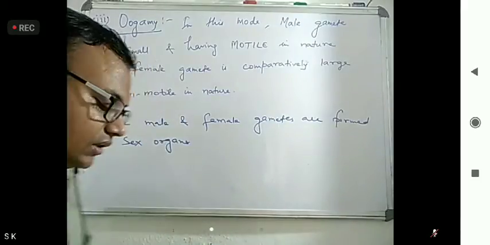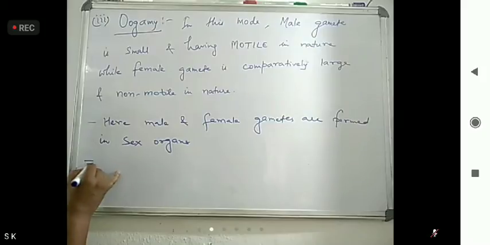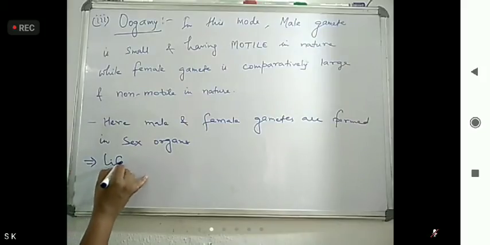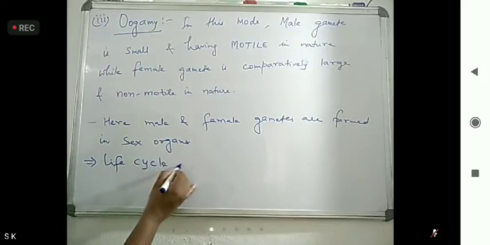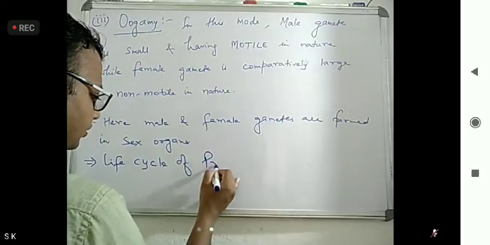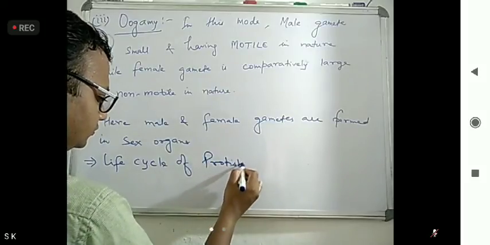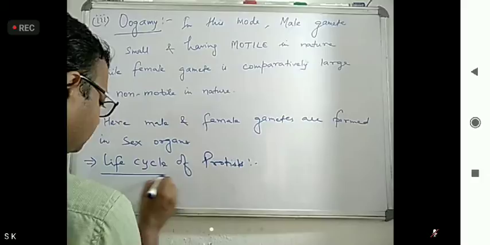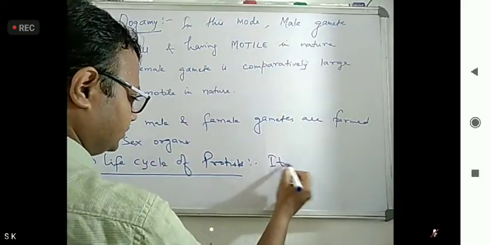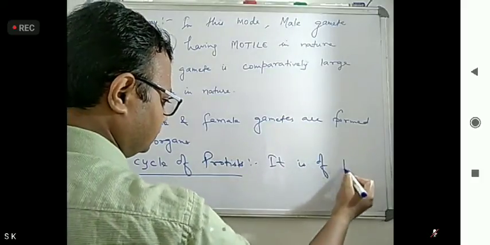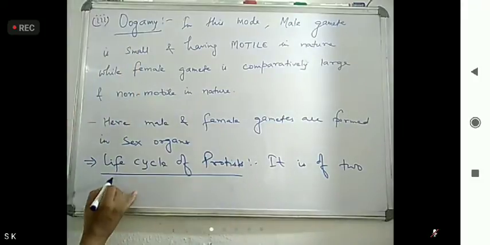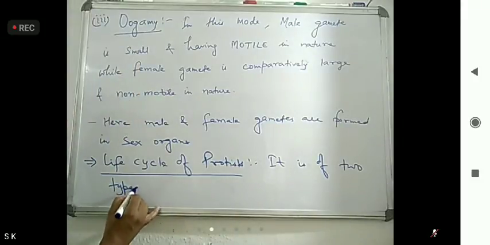So the life cycle of protists is of two types.